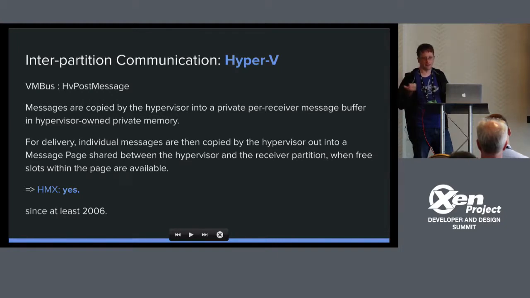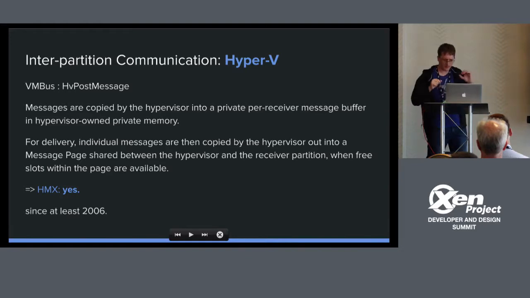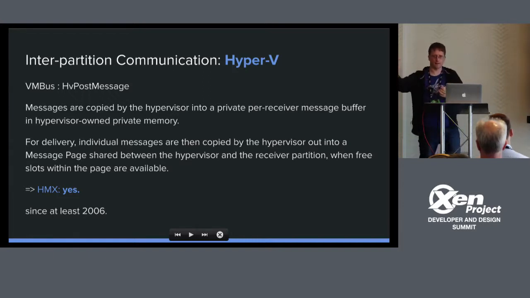It's in the hypervisor specification document from Microsoft that you can find on GitHub. And again, it has a slightly different structure to Argo in that there is a copy into a private hypervisor region of memory and then a secondary copy into the receiver. But it is still the hypervisor that's performing that final delivery.